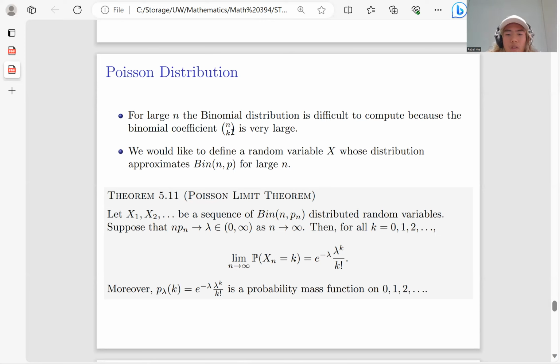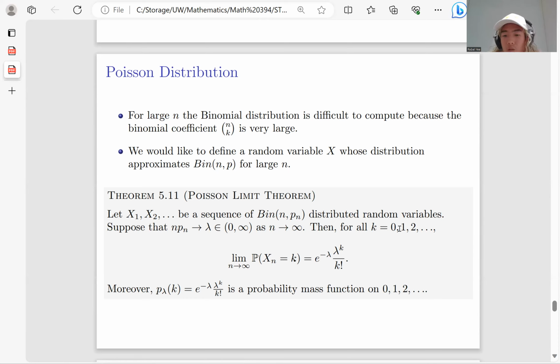So we would like to define a new random variable X_n, whose distribution is the binomial(n, p) for large n. But this time we're not saying it's simply binomial, because the binomial distribution means n is limited, and here we want n to approach infinity. For all k equal to the integers, it is still discrete.